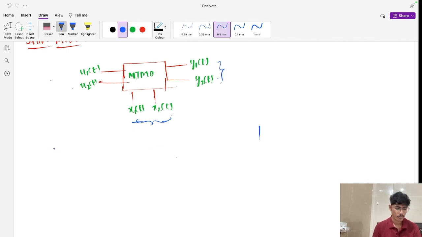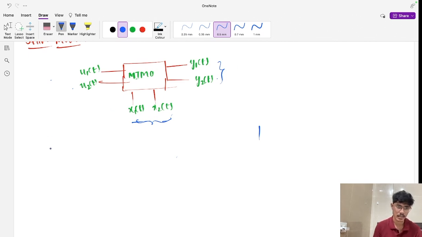When we are writing the state equations, we can use x1 of t and x2 of t as state variables. When we are writing output equations, we use y1 of t and y2 of t as the output variables.